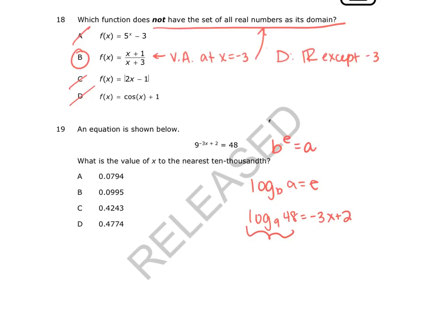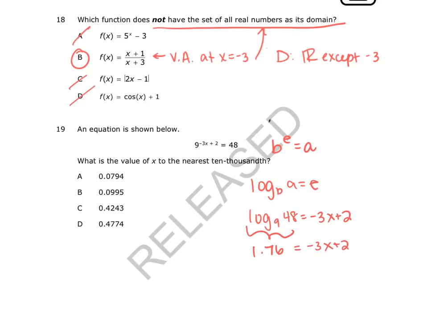So log, give me a second. There we go. All right, log base 9 of 48 is 1.76, which is equal to negative 3x plus 2.